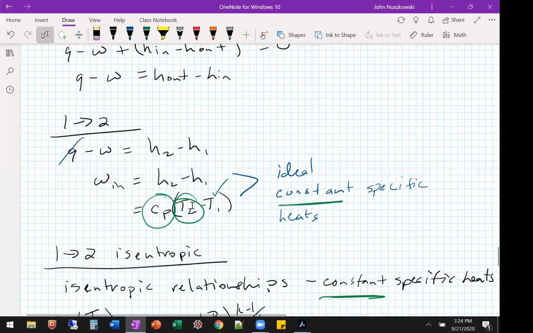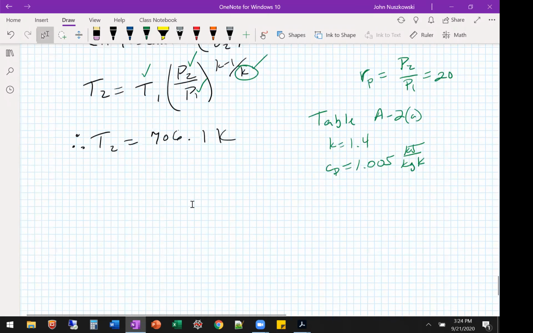We go back up. So now we have T2 and Cp, so we can get our work in. Let me calculate that real fast.